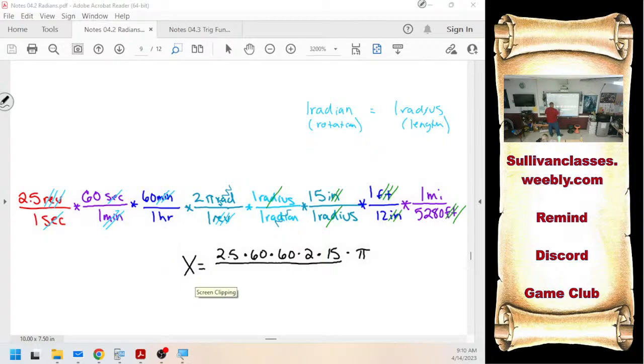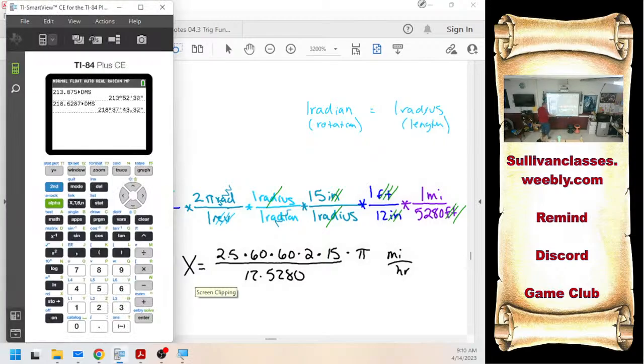Then 1 by 1 by 1 by 1 by 1 by 1 by, okay, 12 by 5280. Grab calculator. If I can get this as a fraction, I want to. So I'm going to set up a fraction and say 2.5 by 60 and 60 is 3600 by 2 by 15 over 12 by 5280.